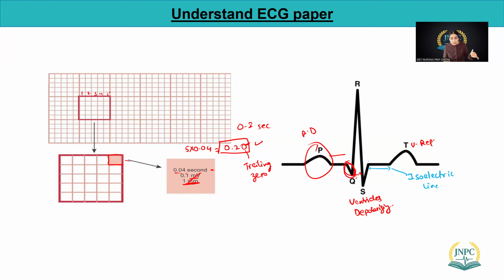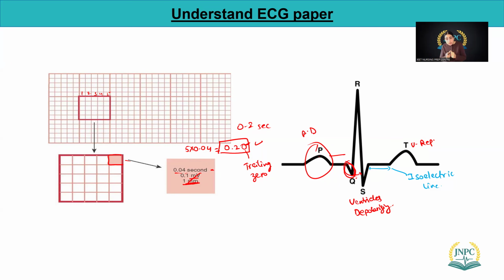It's the beginning of the relaxation. So from S to the T segment is called relaxation time. And it is very important for us because once it gets to the T wave, the ventricle is already relaxing. The final pushing time, when the ventricles are under peak contraction, is when they are under maximum stress.